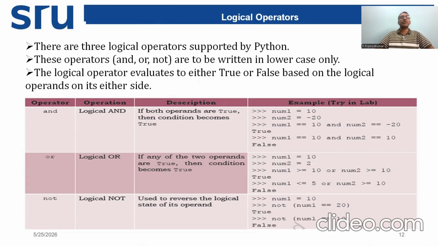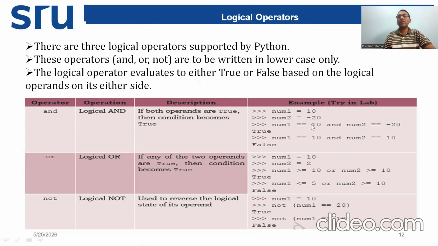Yes, coming to examples. And is for logical and purpose, or is for logical or purpose, and not is for logical not purpose. Coming to the first example, where number 1 is 10 and number 2 is minus 20. A logical expression is a compound relational expression wherein more than one relational operator is involved.